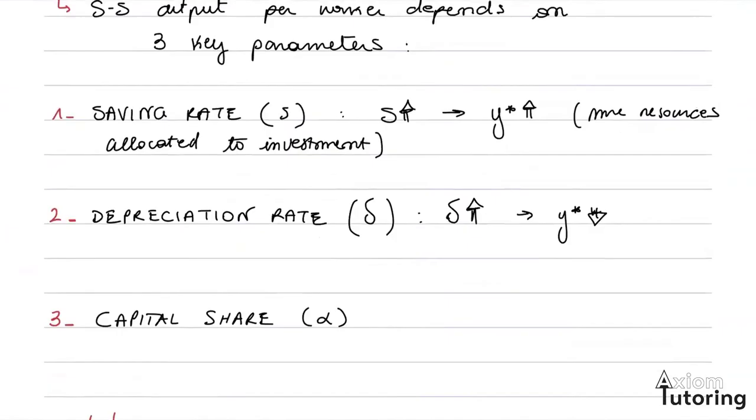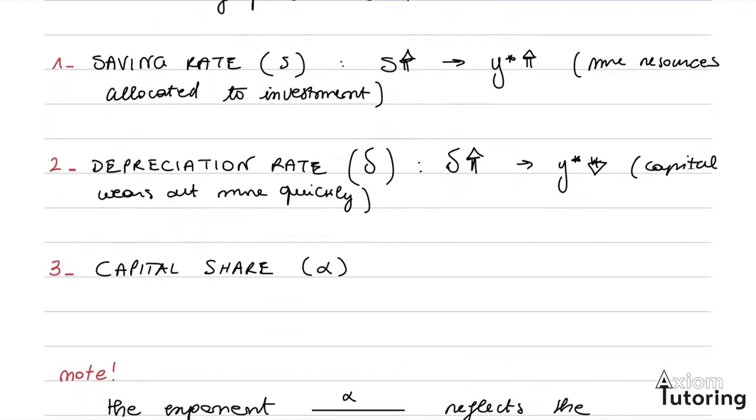Intuitively, if we have a higher depreciation rate, it means capital is going to wear out more quickly. Machines break more often. So it's harder to maintain a high capital stock if machines break every day.